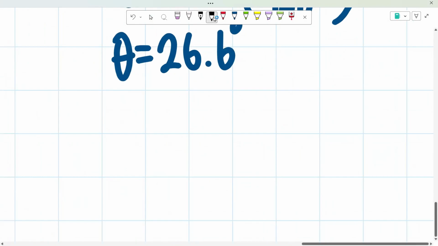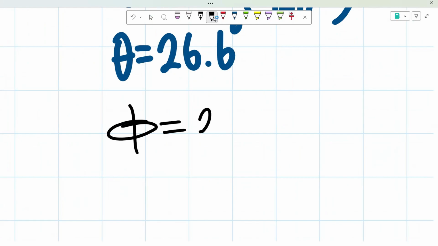Remember, we said that we had to add that to the 180. So we're going to call the direction, or the total angle, phi. So phi is equal to the 26.6 degrees plus the 180 degrees.